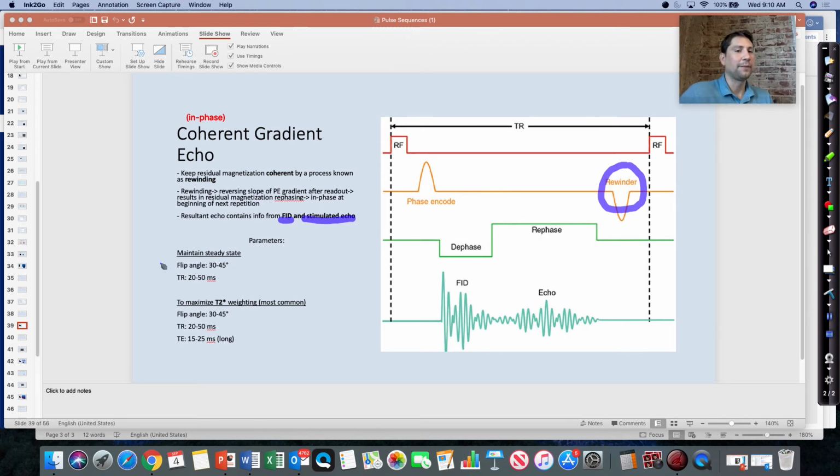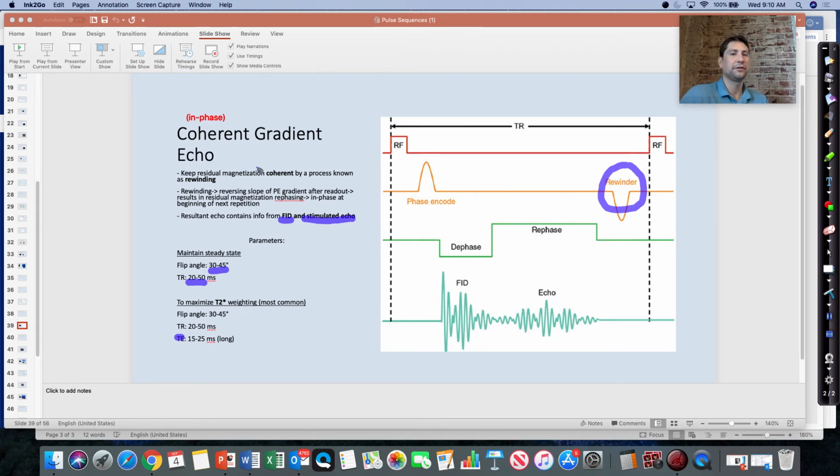So our parameters, we're maintaining that steady state. So we have our flip angle 30 to 45, and our TR is going to be short, 20 to 50 milliseconds. But this pulse sequence is usually used for T2 star weighting. So the only thing we really change is our TE, and we want a long TE to get T2 star weighting.